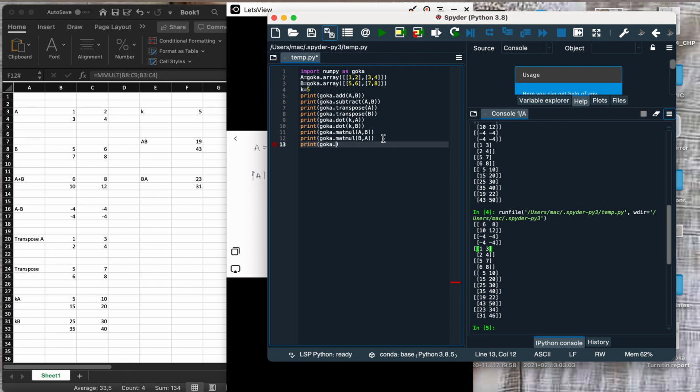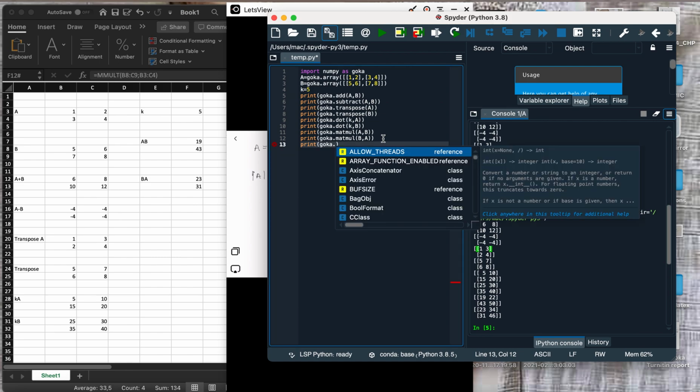Now the function that gives you the inversion of a matrix is known as linalg. Now linalg simply means linear algebra.